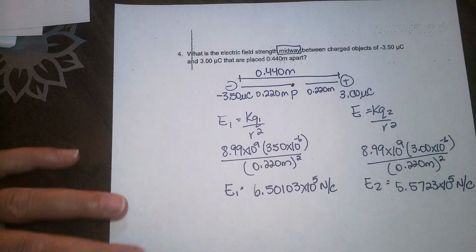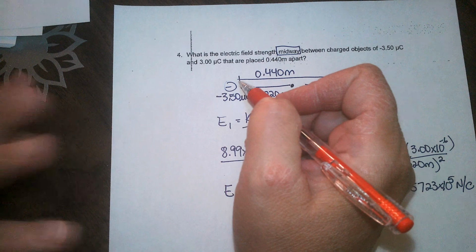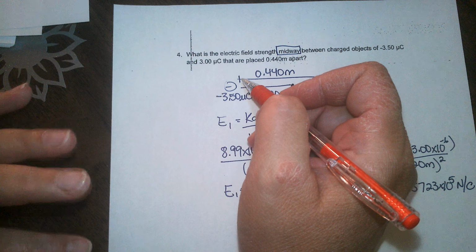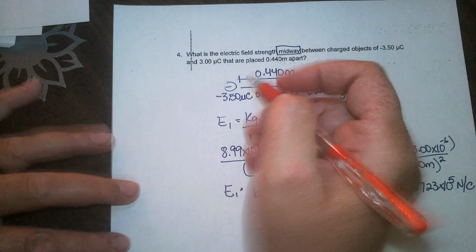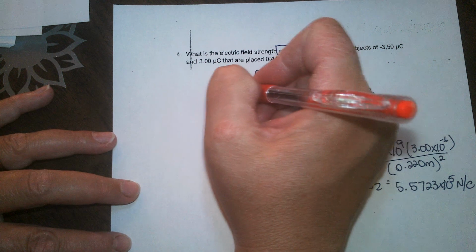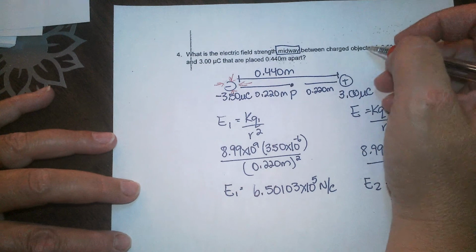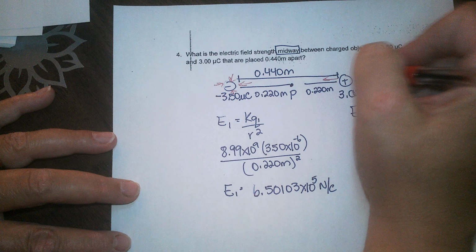Something that we need to look at then is what are the lines of electric field strength on something that is negatively charged? Inward or outward? Inward. Okay? What about something that's positive? Oh, you were so close.